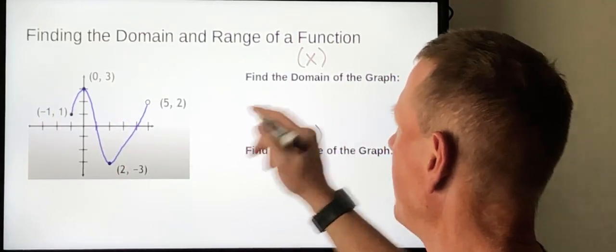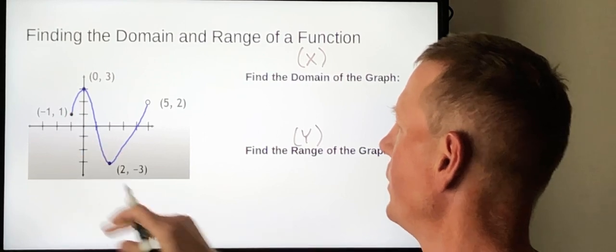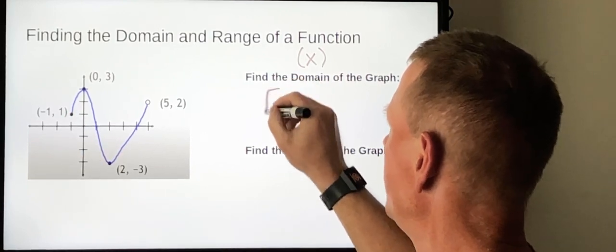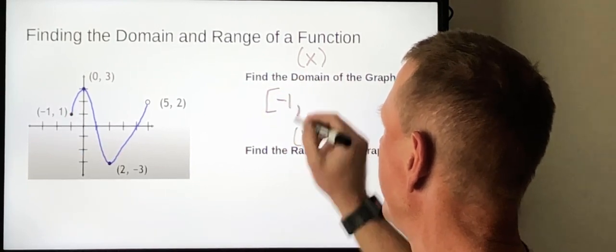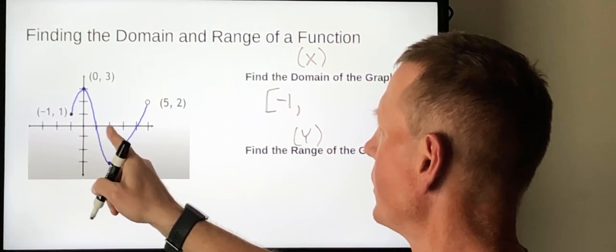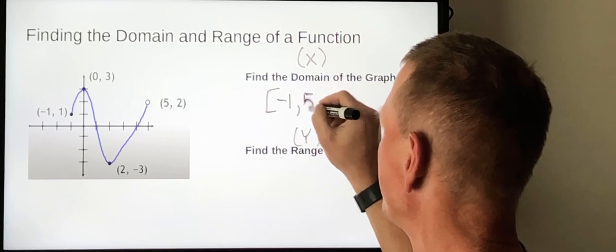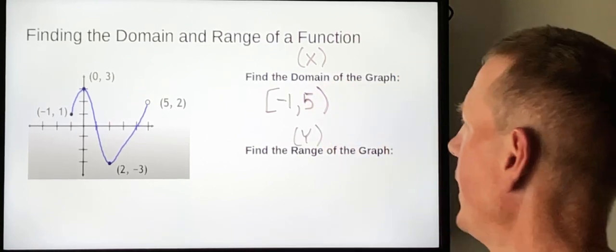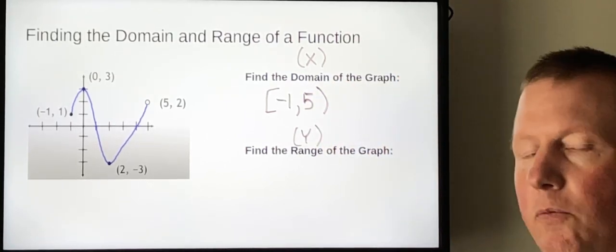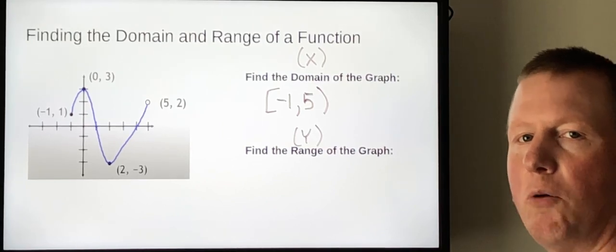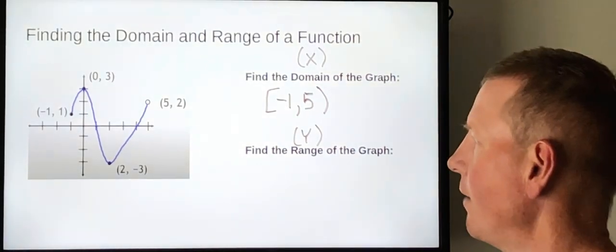Because this is a colored in circle, I'm going to include -1. And as I go all the way across the graph, I get all the way to 5. Well, at 5, I've got an open circle. So my domain would be from -1 to 5. That's all my x values in this graph.